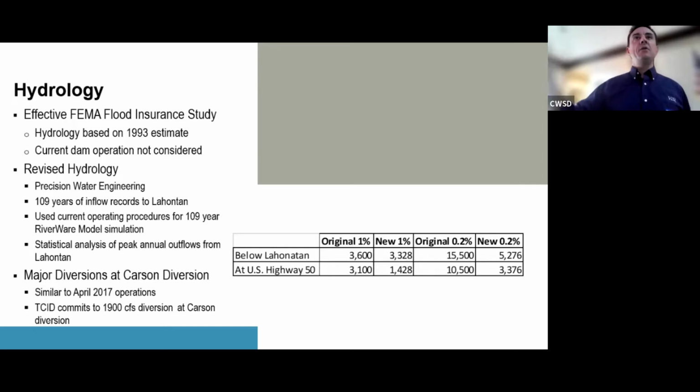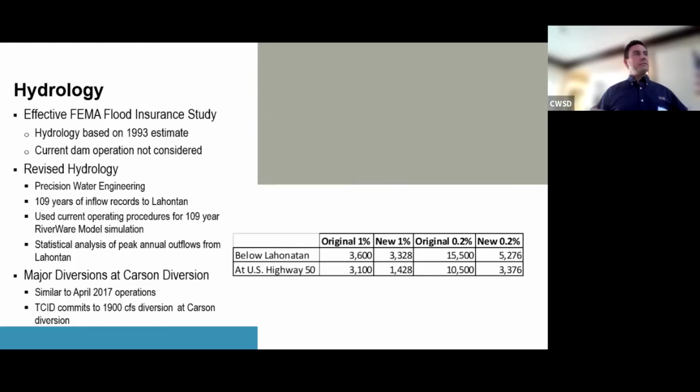And that has a huge impact on the floodplain and the flood flows below the reservoir. So we went through a process to revise the hydrology. And Precision Water Engineering was the one that did the revised hydrology. What they did is they took 109 years of flow records above Lahontan, and they routed them through the dam with today's current operating procedures.